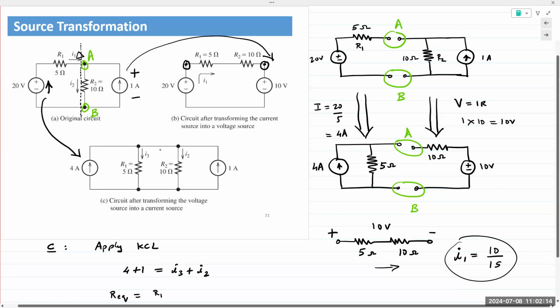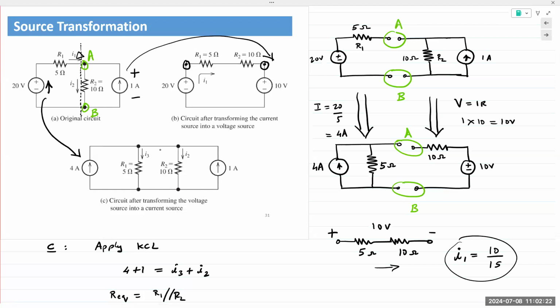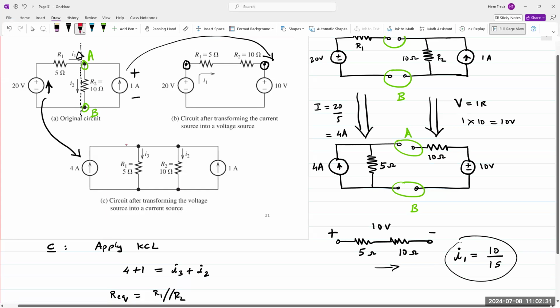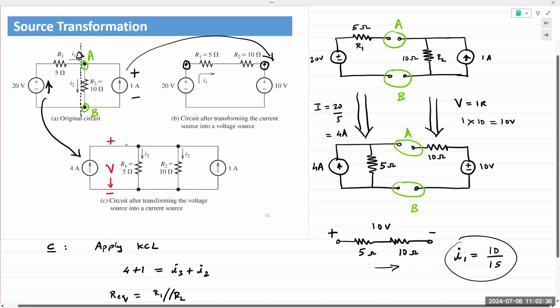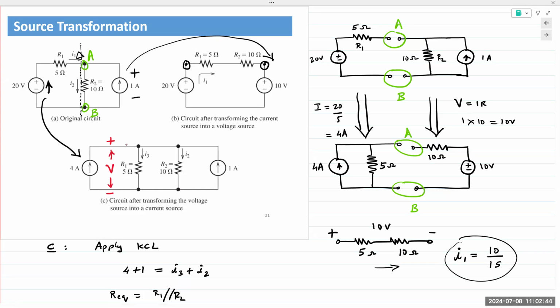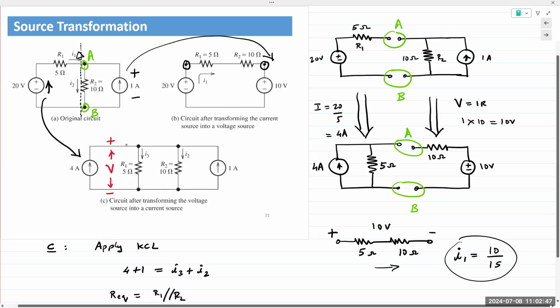Req would be R1 and R2 in parallel. We find Req and we have the total current, 5 amps. We find the voltage across all 4 of these components, and that voltage would be the same for all because they are all in parallel. It's the exact same node. Once you have the voltage for all 4 components, you apply Ohm's law, you find the currents through those resistors. Makes sense to everyone?